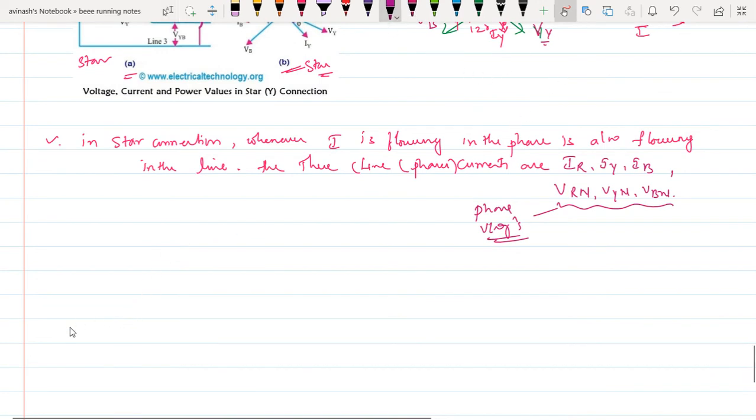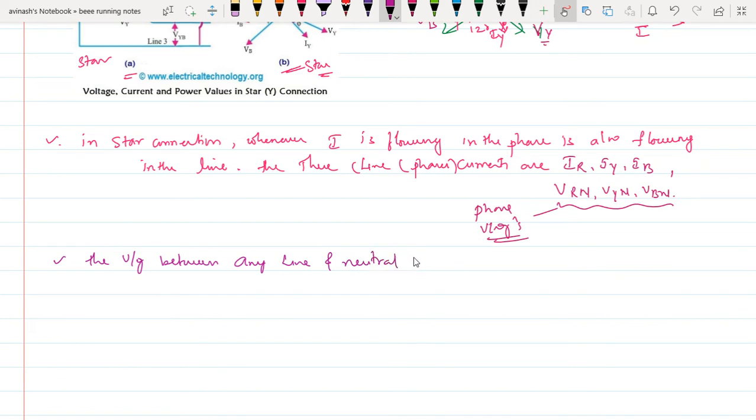Now the voltage between any line and neutral is represented by what? VRN is equal to magnitude and phase angle.